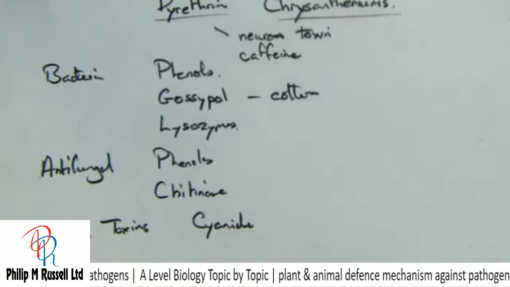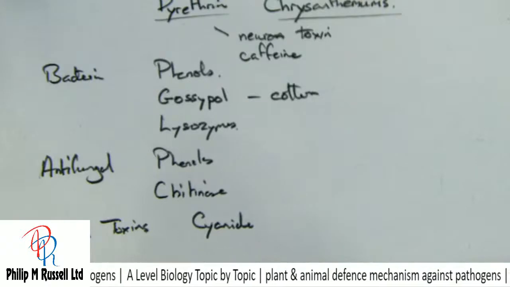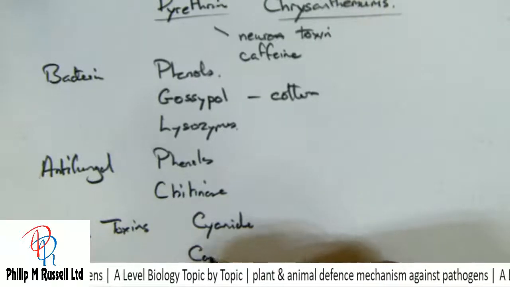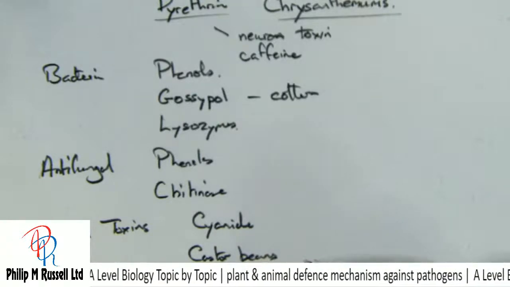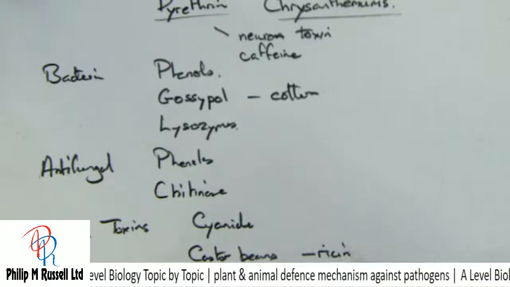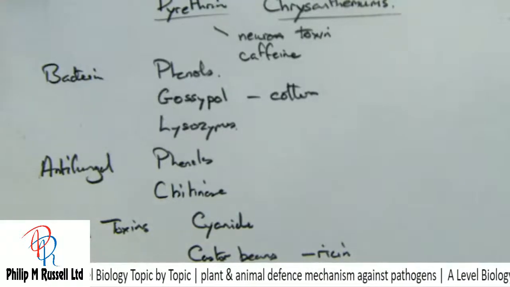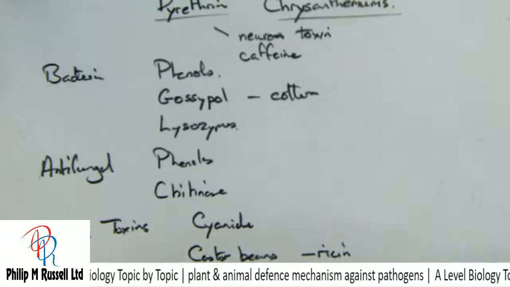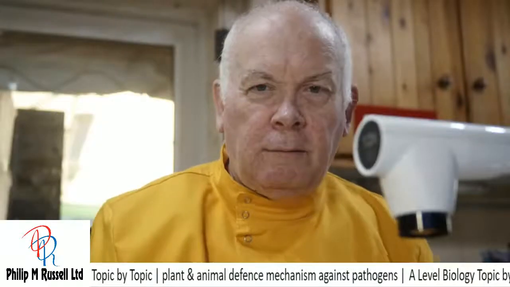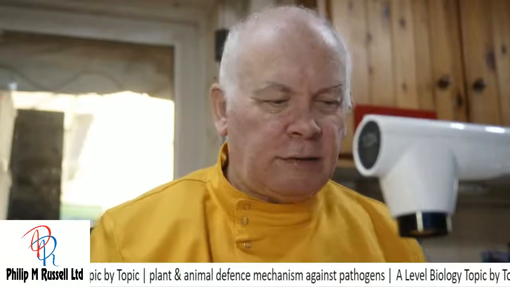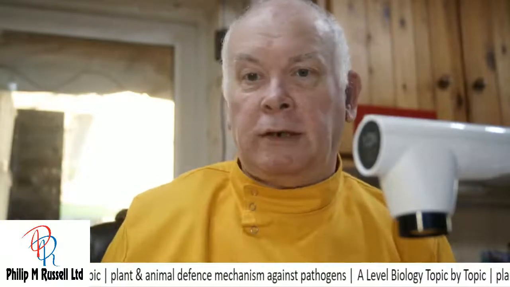Cyanide is quite a common one they make, and you probably know about the castor beans producing ricin, and that certainly doesn't do anything any good. So plants have a more passive system, this system with callose, that at the moment I don't particularly understand how it works, reading the literature.